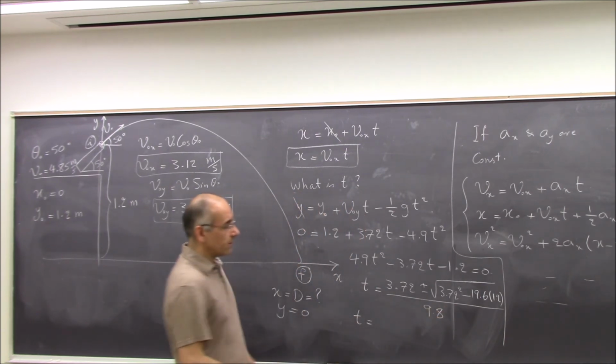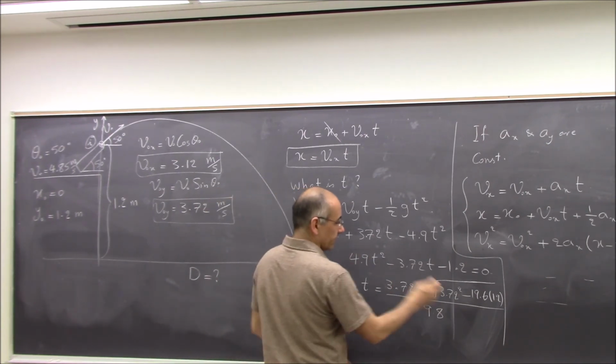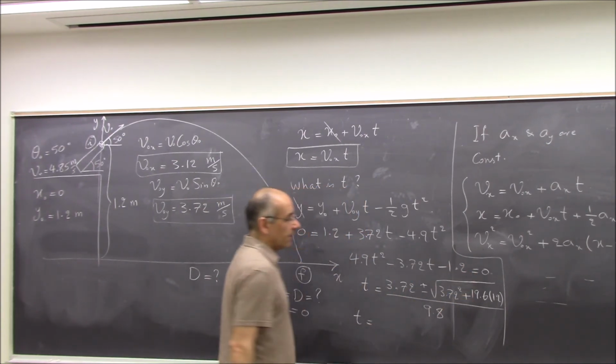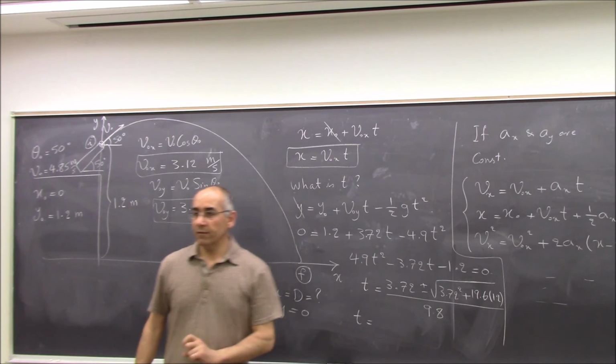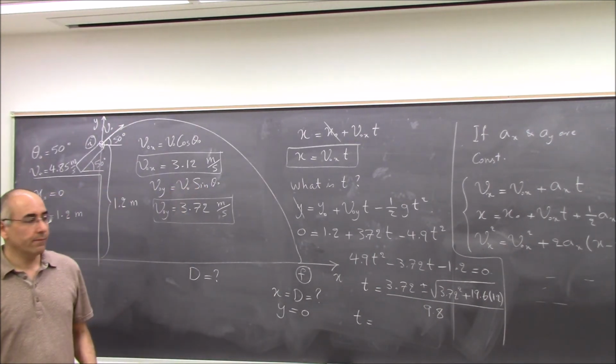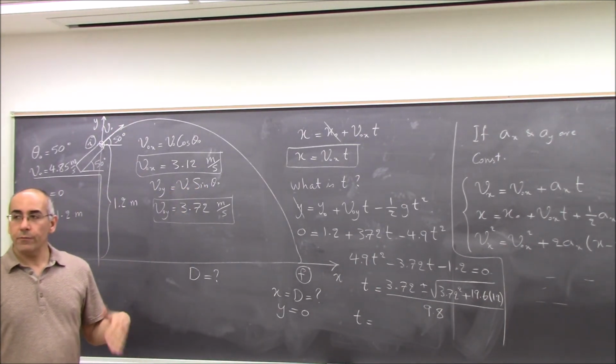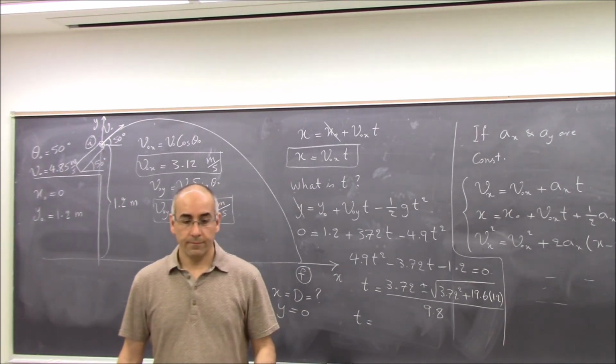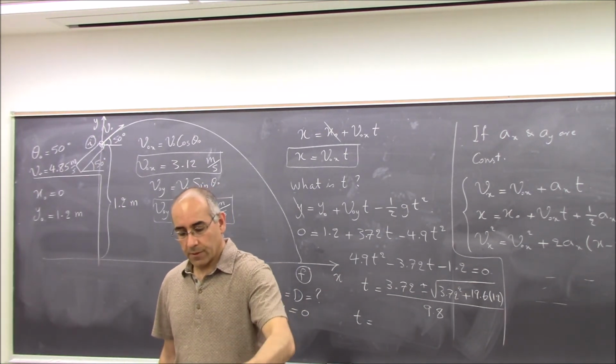You get one positive value and one negative value. We are interested in the positive time, which is 1.00 second.